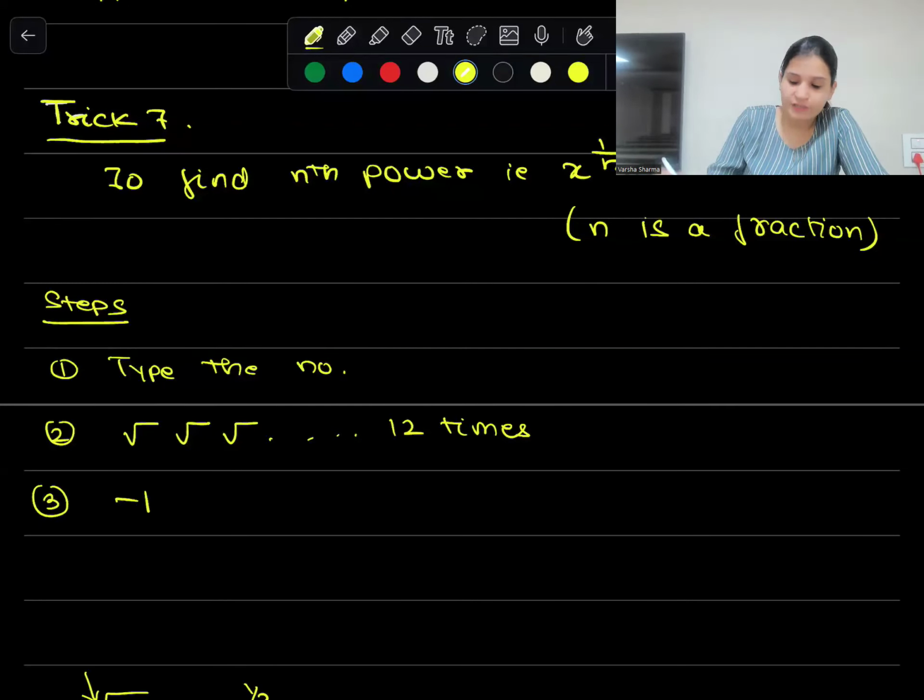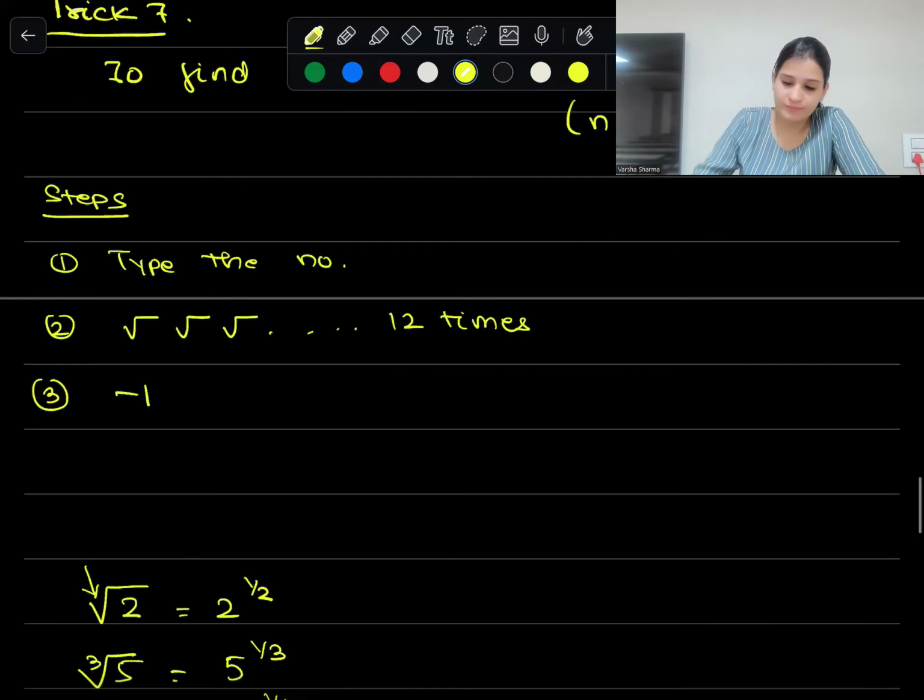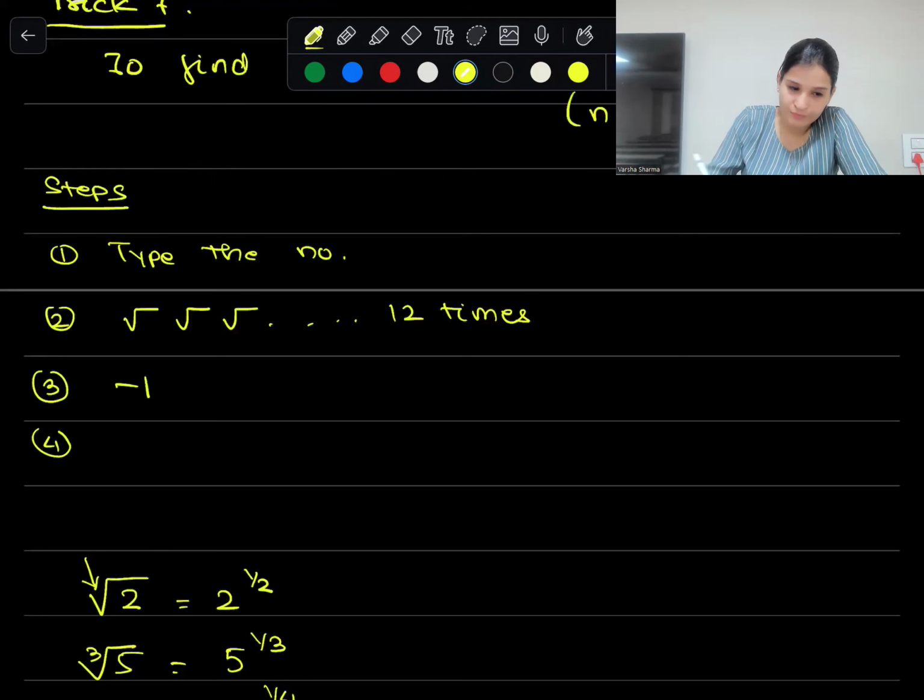Third, subtract 1. Fourth, divide by n. What you are finding is 1 by 4, so divide by 4. If you are finding 1 by 6, divide by 6. If you are finding 1 by 8, divide by 8.